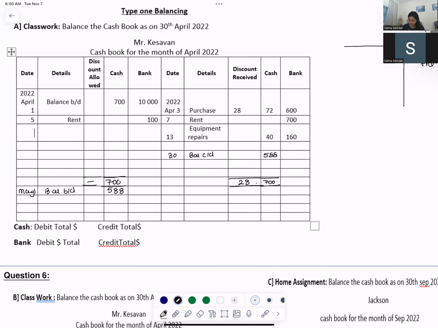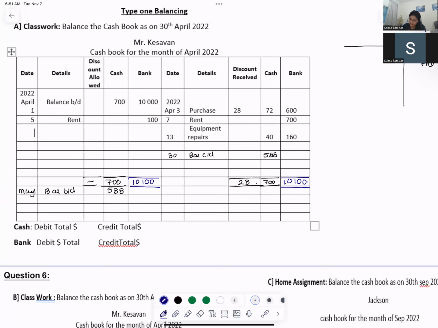Let's talk about the bank. I see that the bank debit side is more. So I will write the more on both the sides. From 10,100, I am going to deduct three amounts. One is 600, one is 700, and one is 160.